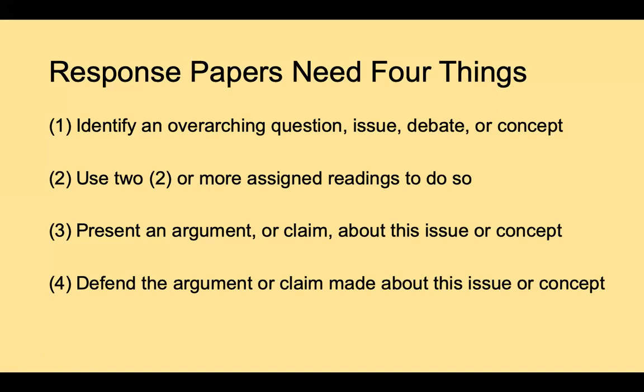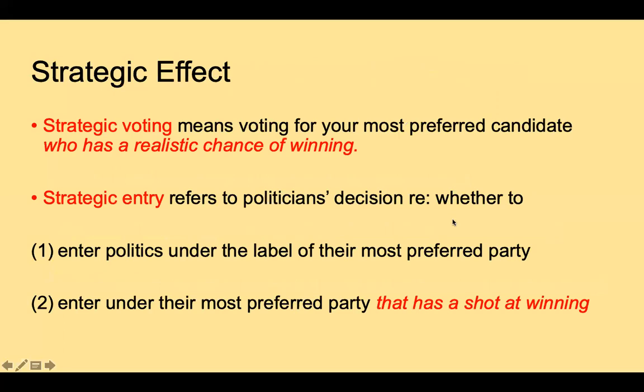Okay, everybody. So as you know, we're talking about political parties, and political parties are important institutions of democracy because, well, in the first place, they structure politics and they connect voters to government.